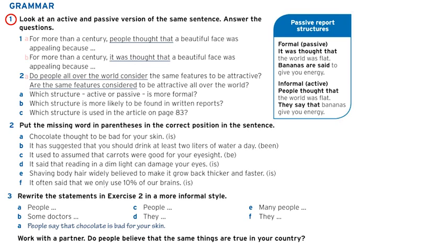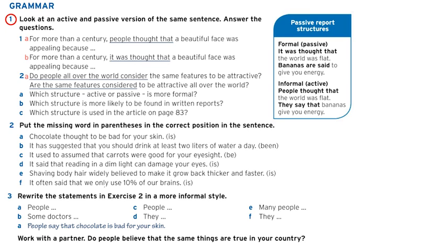So here we have 2 different sentences, and each of these sentences is written in active and in passive version. So let's take a look. The letter A's will be the active and the letter B's will be the passive. The first sentence in letter A says, for more than a century, people thought that a beautiful face was appealing because, and then we have, for more than a century, it was thought that a beautiful face was appealing because.